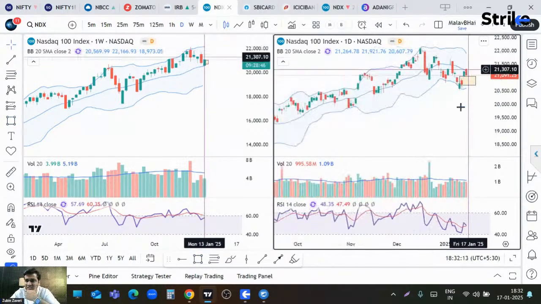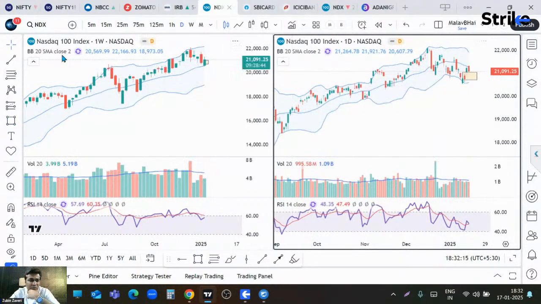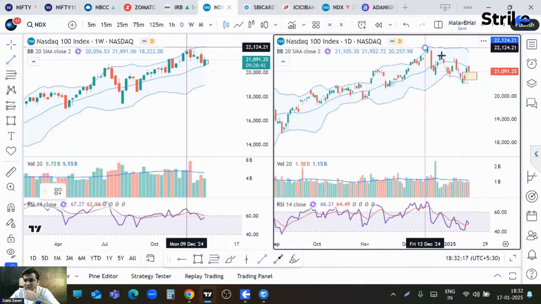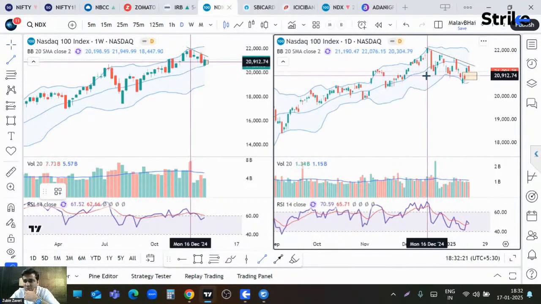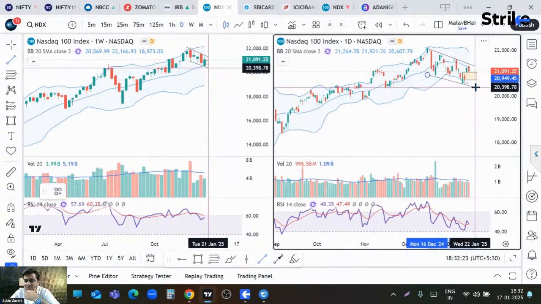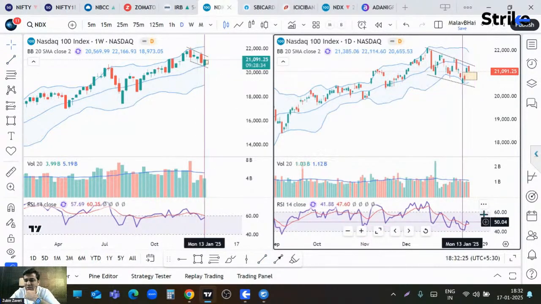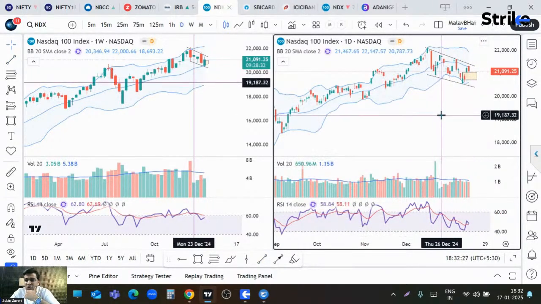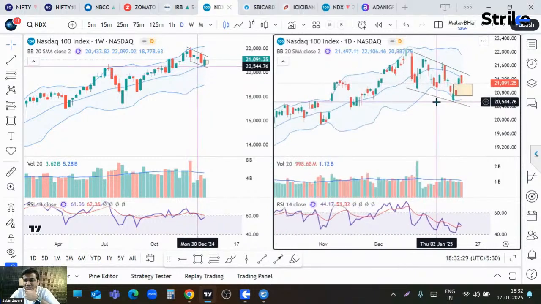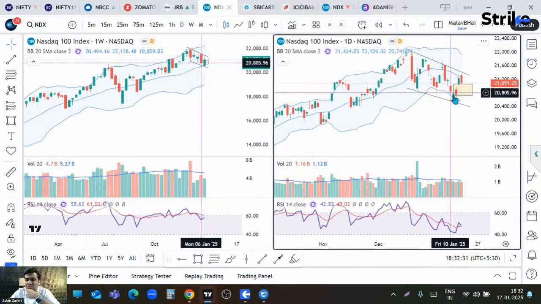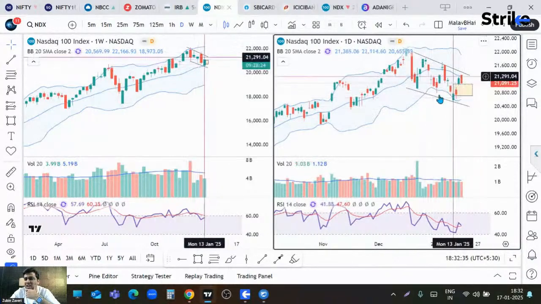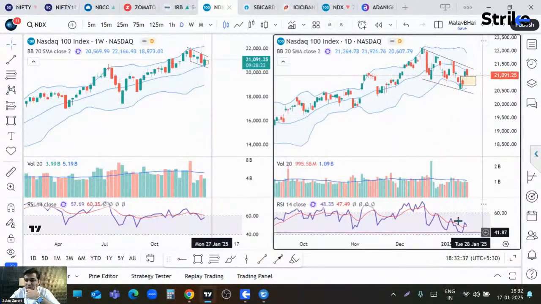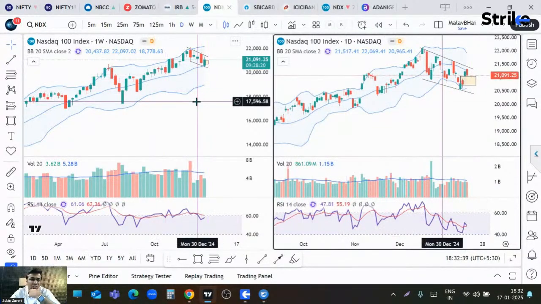So that is a support, but still, if you look at the structure, it is making lower tops and lower bottoms over here like this. Momentum is also not so strong. So we'll have to see whether US markets, that is this Nasdaq, is breaking above or below this particular channel line. Momentum is not so strong on the weekly chart.